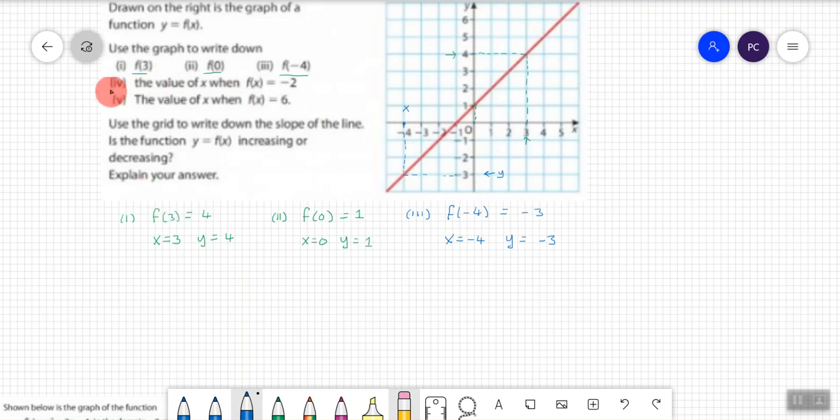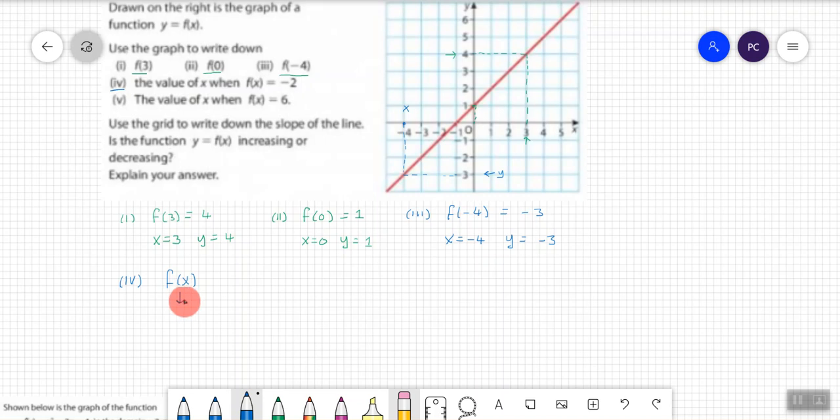The second part then is this bit: the value of x when f(x) is equal to -2. So this is part 4. So remember, f(x), another name for that is just y.